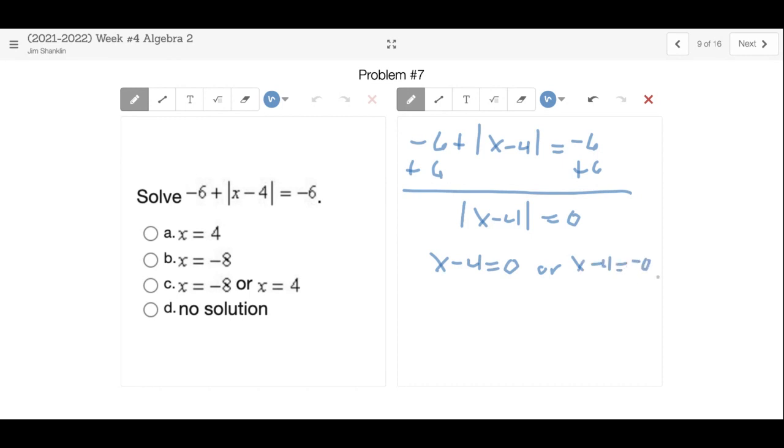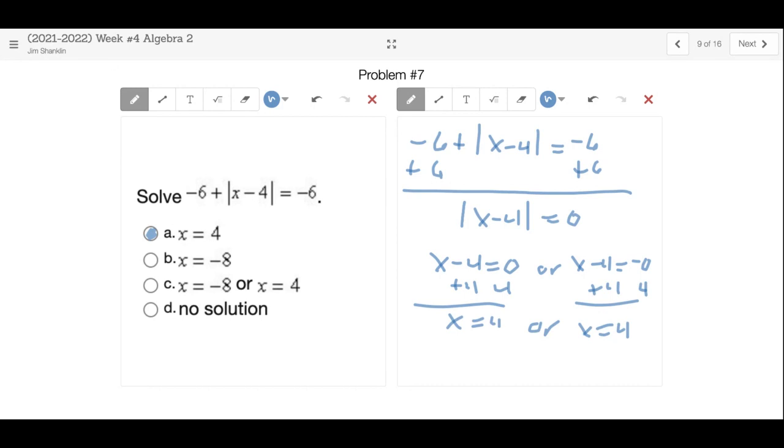Now, -0 is still 0, isn't it? I mean, when you think about it, it makes no difference. So I'm going to add 4 here. X equals 4. Or I'm going to add 4 here. X equals 4. So I get the exact same answer when I solve it both ways. So I'm going to say the answer is letter A for that one.